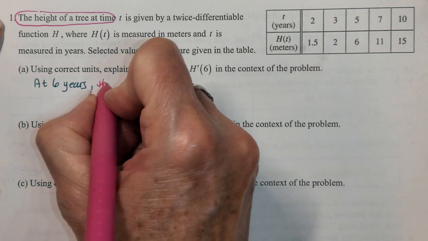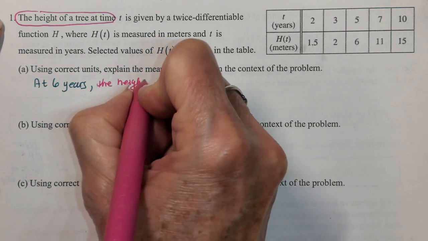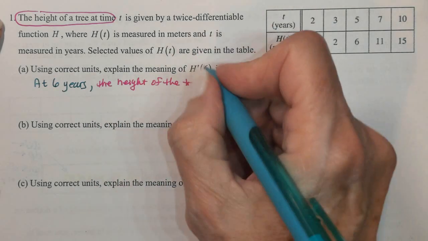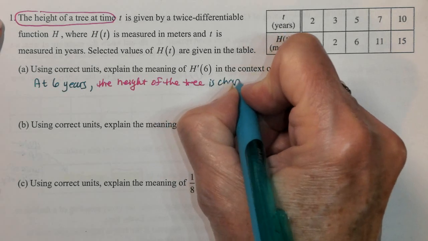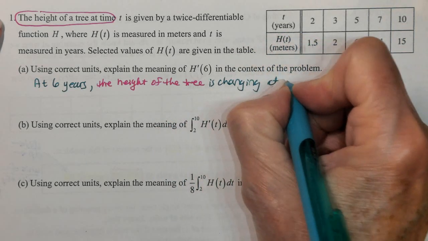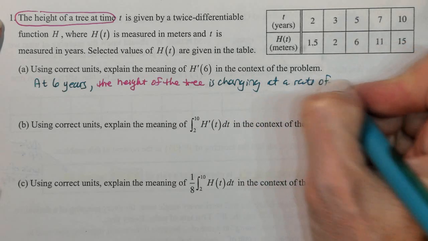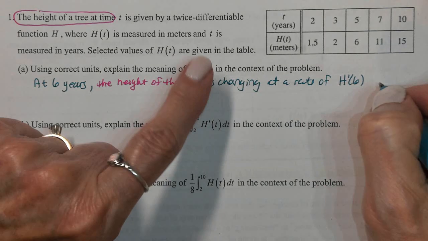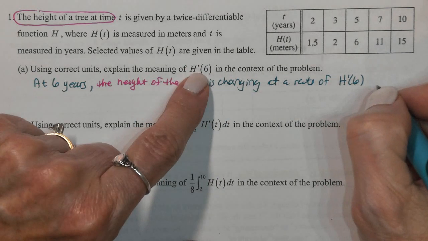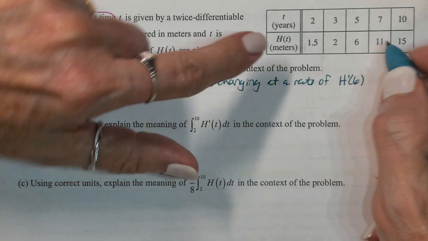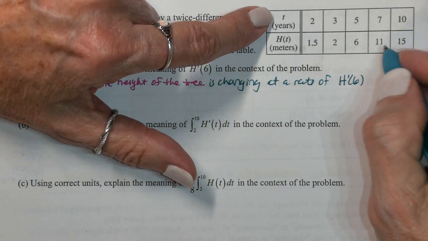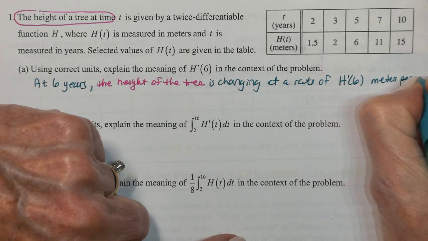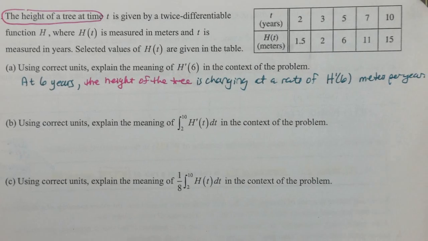So the height of the tree is changing at a rate of that derivative, not your approximation, that derivative. And now we need units on h prime, which are units of h over units of t. So meters per year. Okay?